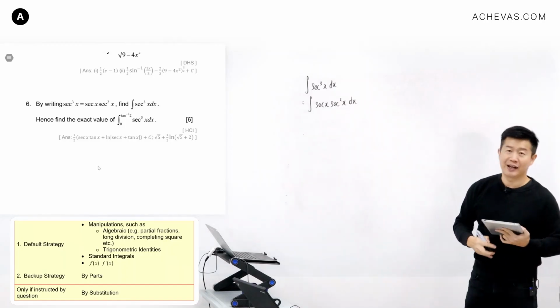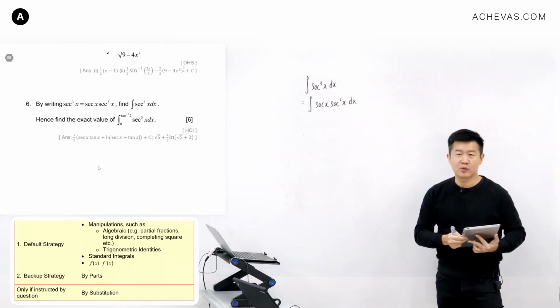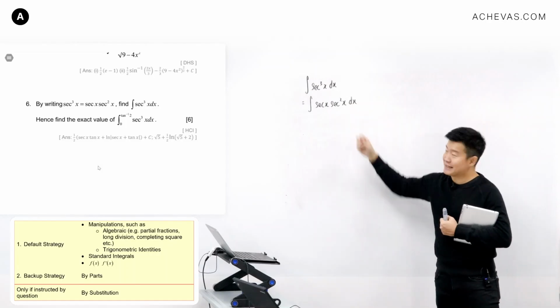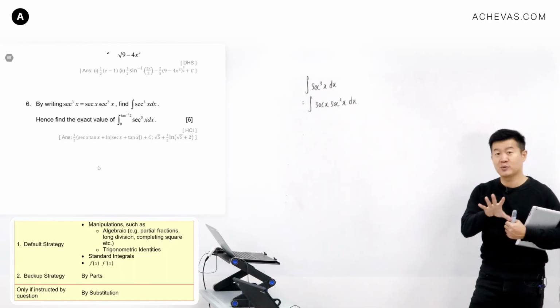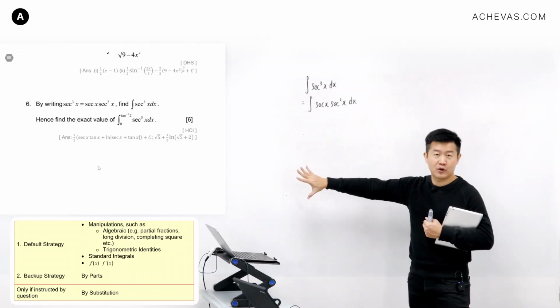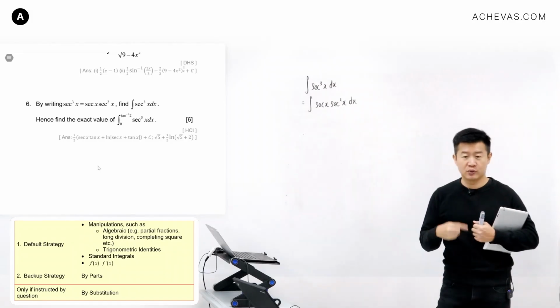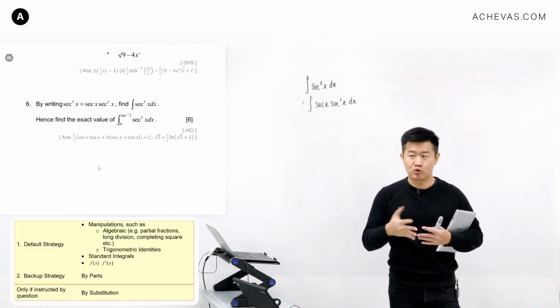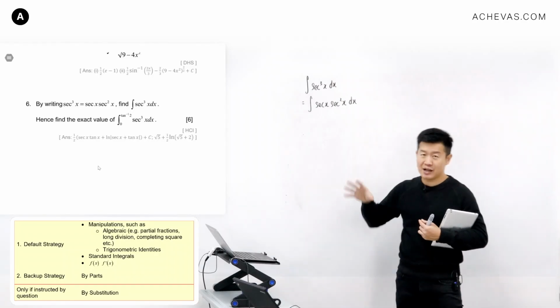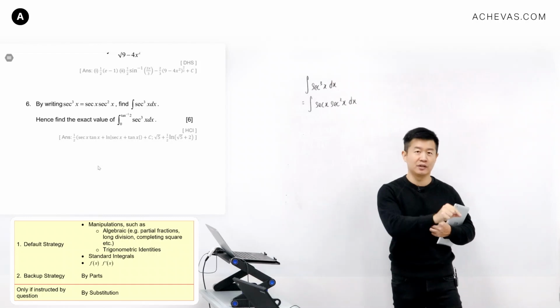And let me share with you what I've done. What I tried was to re-express secant square x into 1 plus tangent square x, because that's what I thought I should do. According to our default strategy, we should try to apply some trigonometric identities if it is possible. And that was my aim, to try to re-express it such that it can become one of the standard integrals for me to integrate.